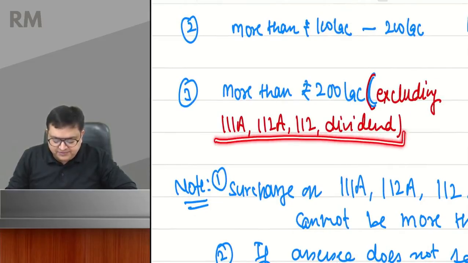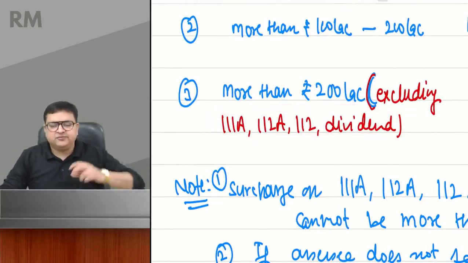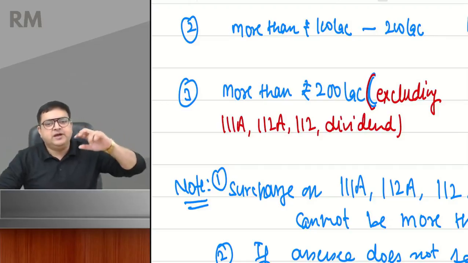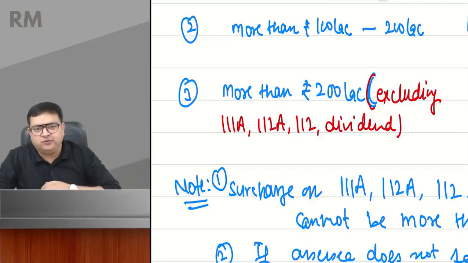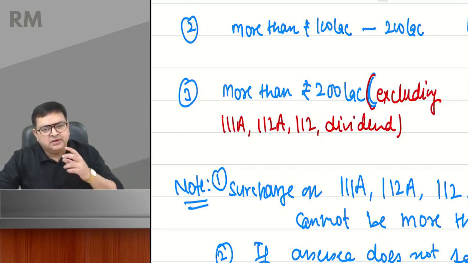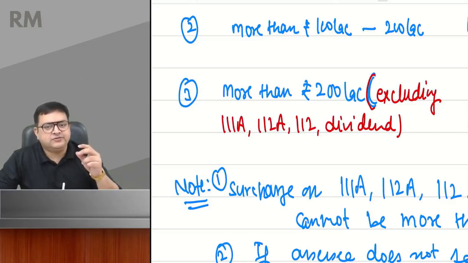If excluding these income, let's say in your question, you will get a person has 3 crore rupees of total income. Can we say that this person will come in point number 3? No. First you need to do is don't look at 3 crores. First let's just look at that do I have any income from 111A, 112A, 112 dividend income?